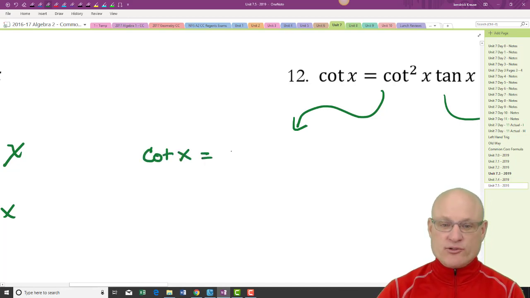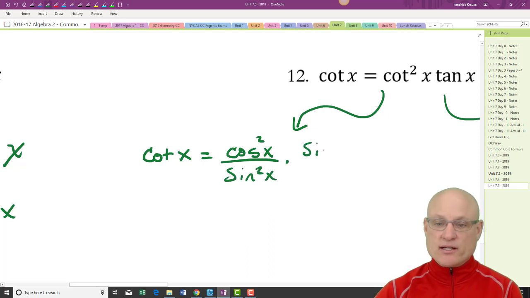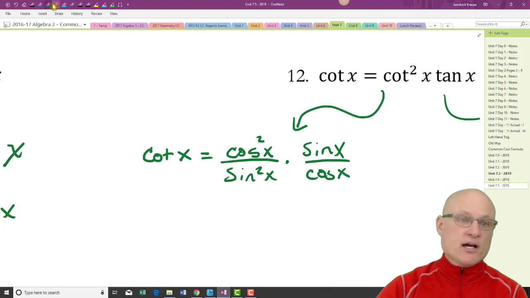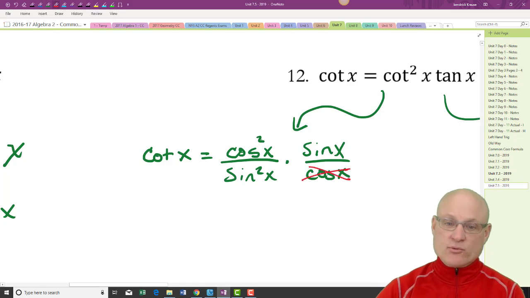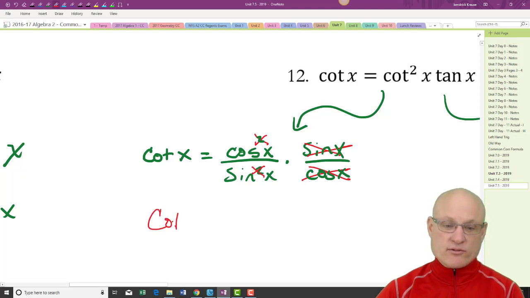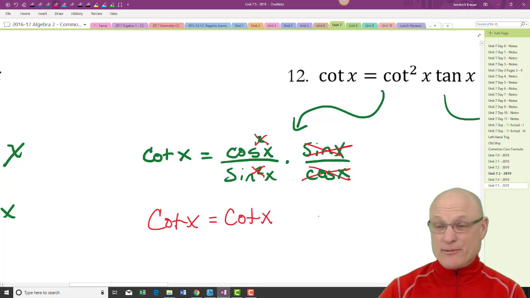But I'm going to change this to cosine of x squared over sine squared x times sine x over cosine of x. Now, this cosine x cancels with one of these. This sine x cancels with one of these. I'm left with cosine x over sine x, and that's cotangent x equals cotangent x. Now, why was that the hard way? Well, you're about to see.